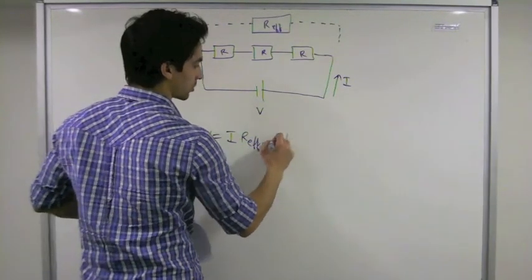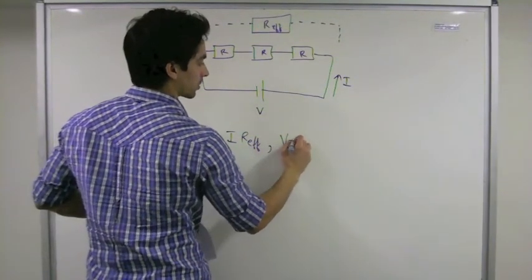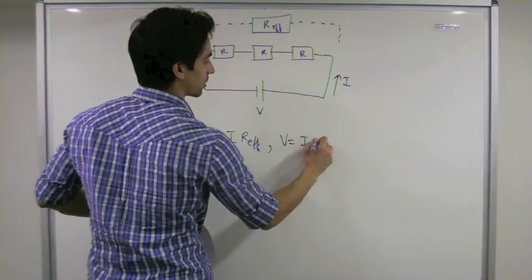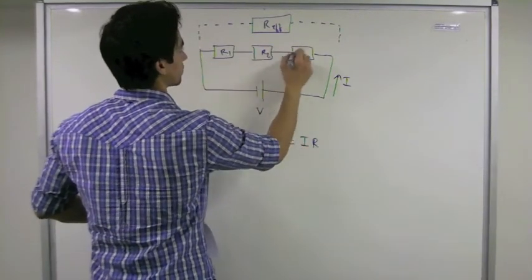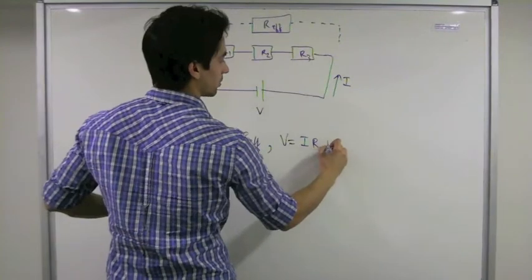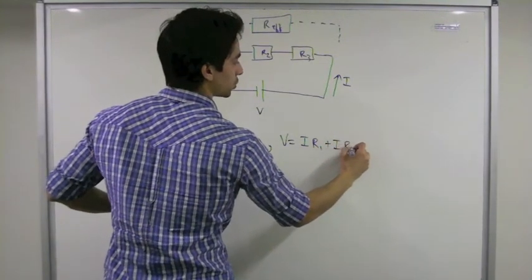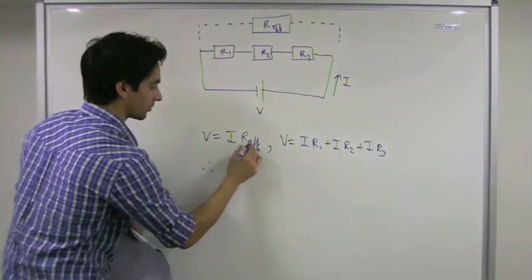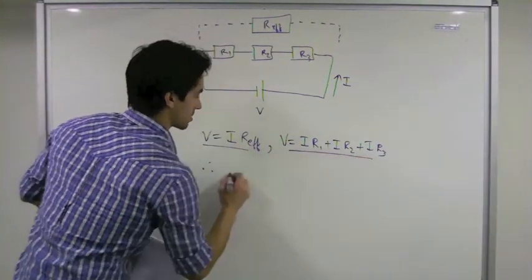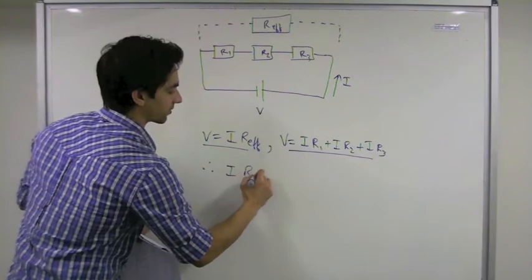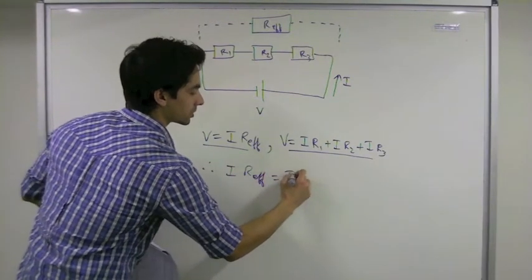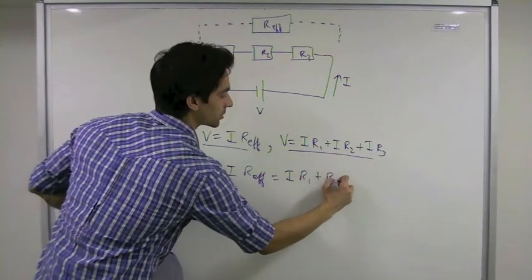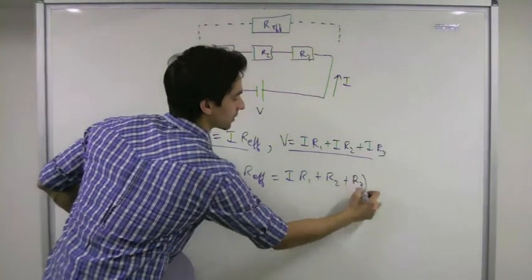V would also be equal to IR1 plus IR2 plus IR3. Therefore, from these two, we have I R effective equals I times R1 plus R2 plus R3.